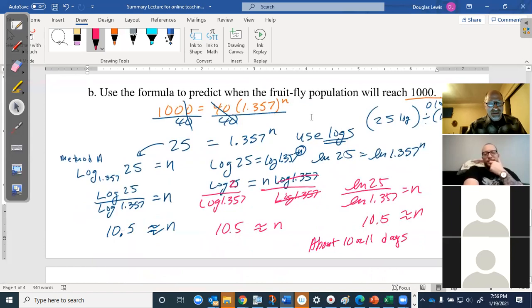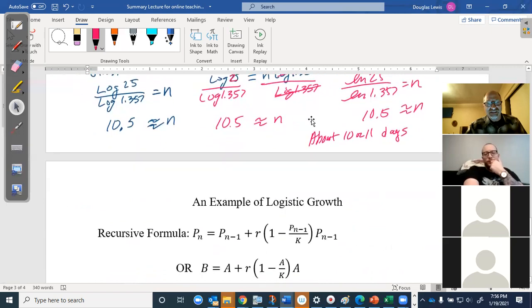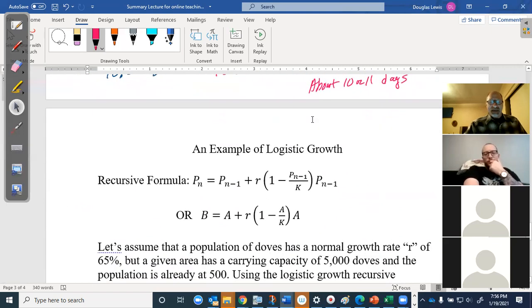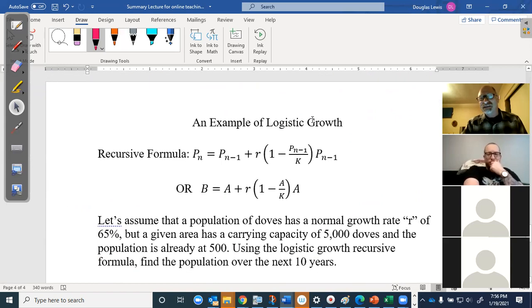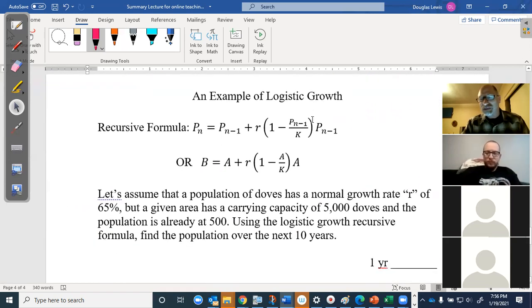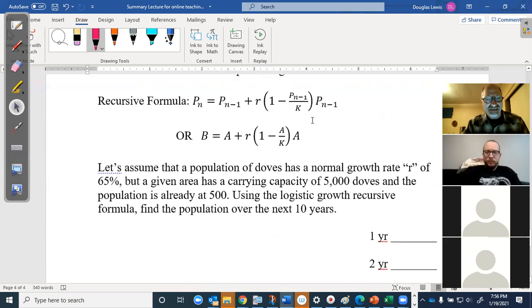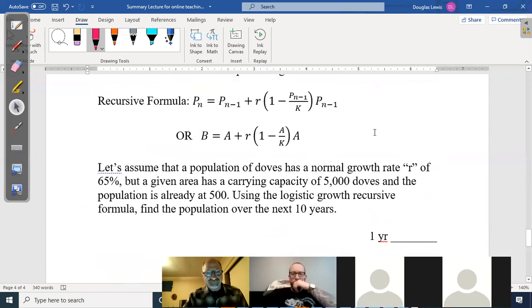Okay? So now lastly, and not least, is logistic growth. And this is, in some ways, easier because everything's spelled out for you explicitly, kind of in plain language. And so what you have to know on this formula is they're going to tell you three things.